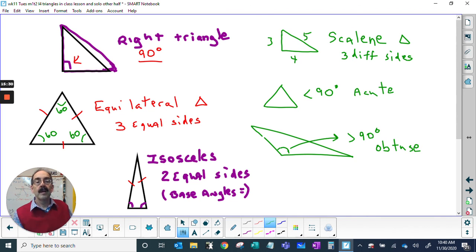Acute, all angles less than 90. Obtuse, one angle larger.